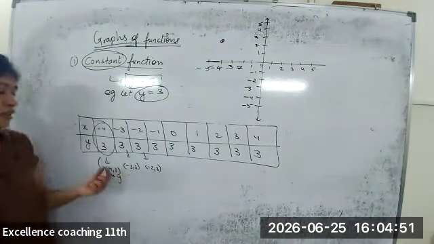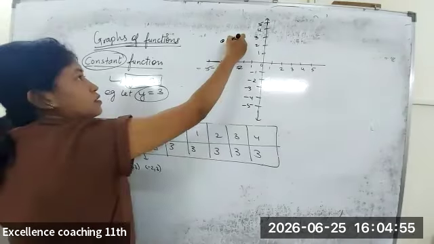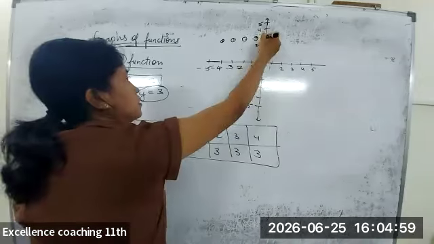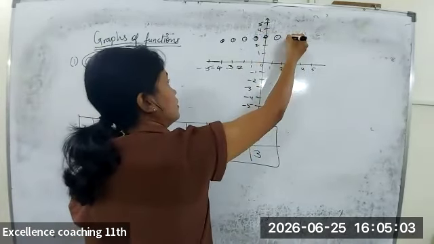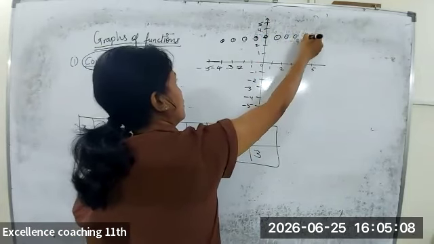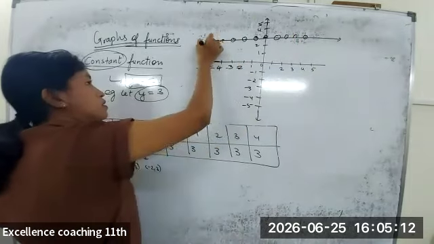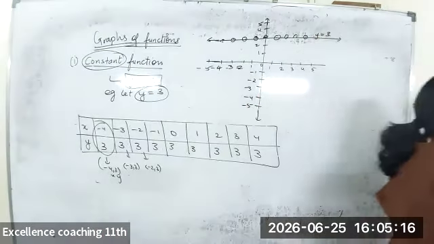This point. Then when x is -3, y value is again 3. So it will be a straight line passing through y equals to 3. This is the graph. That's it.